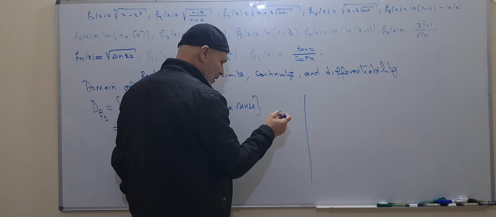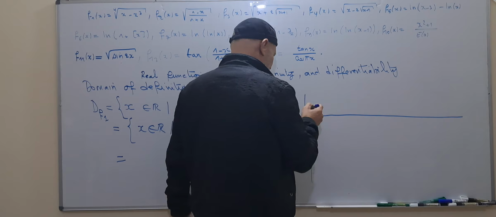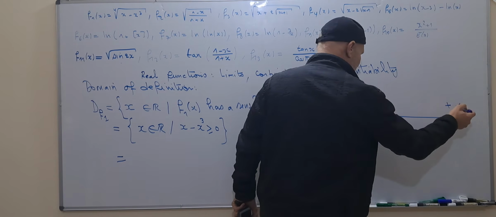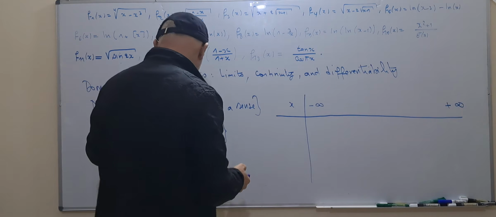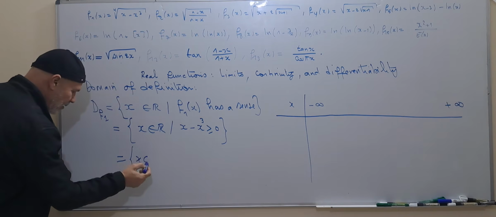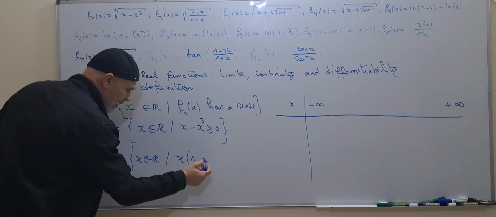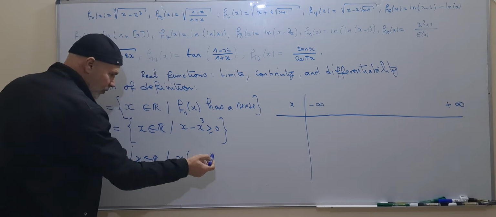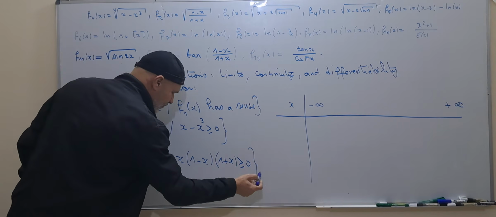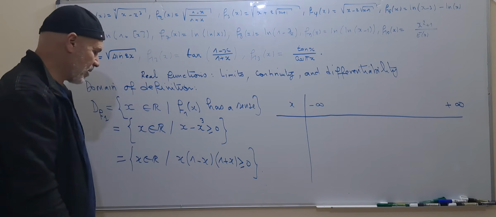So we can use the table here, x from minus infinity to plus infinity. This can be written as x times 1 minus x squared, so we develop x minus x power 3.